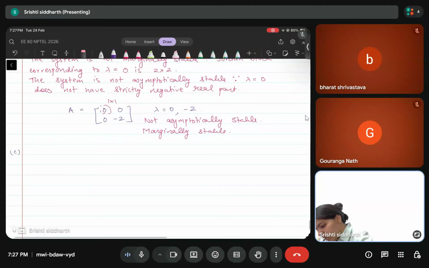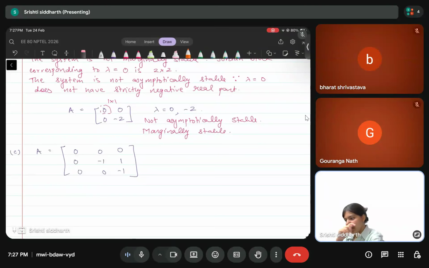System again, this is A equals 0, 0, 0, 0, -1, 1. So what does this mean? We already have it in the Jordan form. So let's see. Here are repeated eigenvalues at lambda equals -1 and a single eigenvalue at 0.